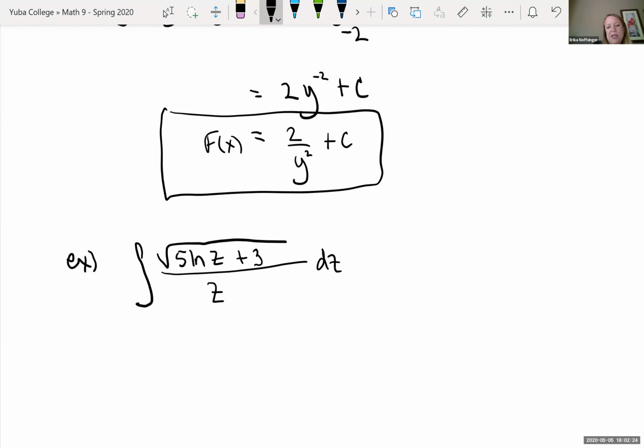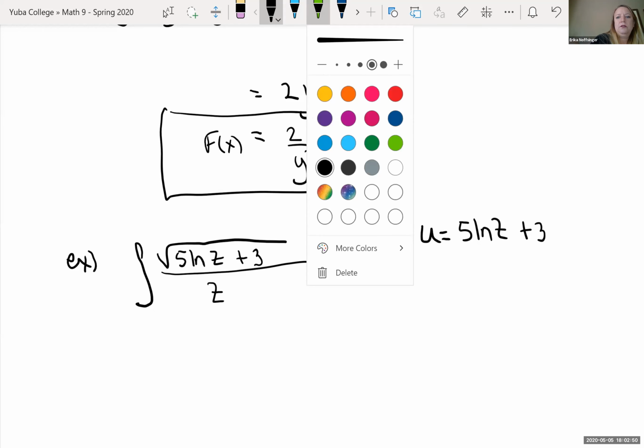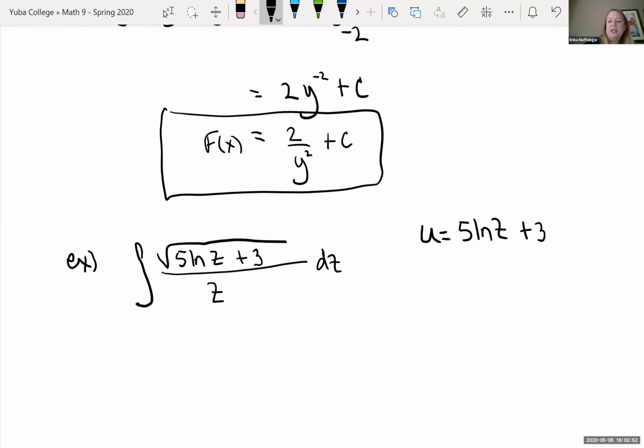I don't want it just to be the natural log of z because we have more underneath that radical. So if I can rewrite what's underneath that radical as just one term u, then we'll be good. So let's choose u to equal 5 natural log of z plus 3. Okay, so taking the derivative of both sides, the derivative of u is 1 du.